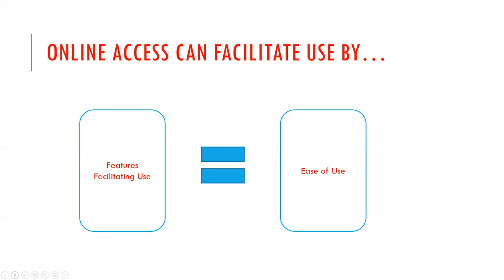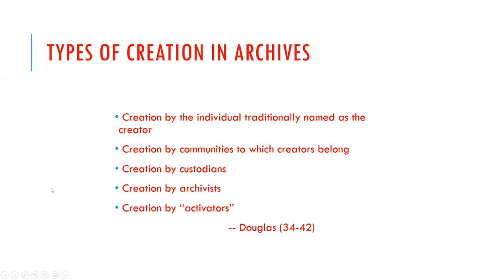And the role that archivists have in shaping what online access looks like goes back to our types of creation in archives. So the determinations that archivists make when deciding how accessible certain records are going to be can really influence how people understand a collection or a person or a place or an event.